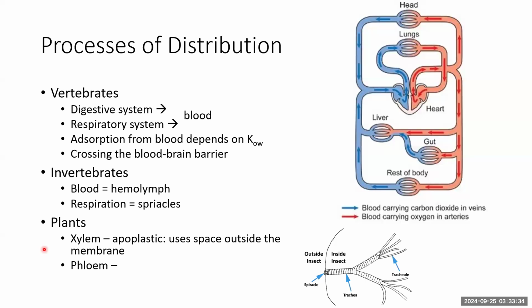And as it goes through the root, it's going to go past all of those cortex cells. I wish I had more chalk colors. All right, so there's all these cortex cells in our roots, and the water and other substances are going to work their way apoplastically outside of those cortex cells. They will not be entering the cortex cells.